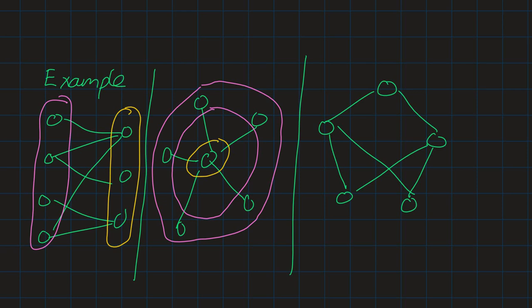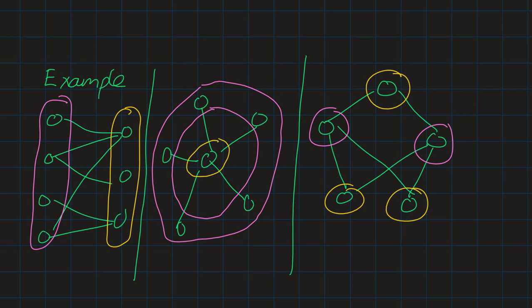I could do something like this one's yellow, this one's yellow, this one's yellow, this one's pink, and this one's pink. If you check, there is no edge between a yellow and a yellow, and no edge between a pink and a pink. All the edges go from pink to yellow, or yellow to pink. So this is bipartite as well.